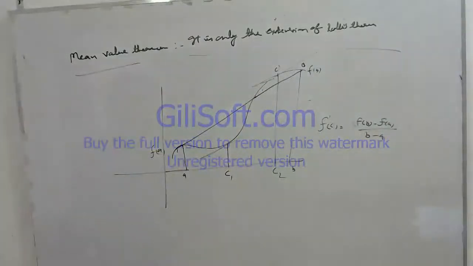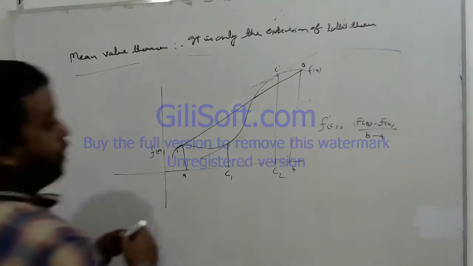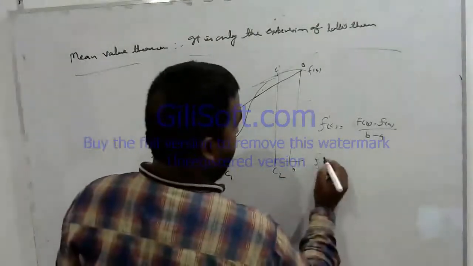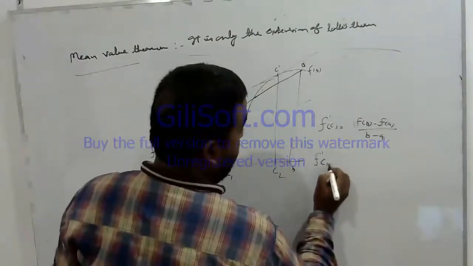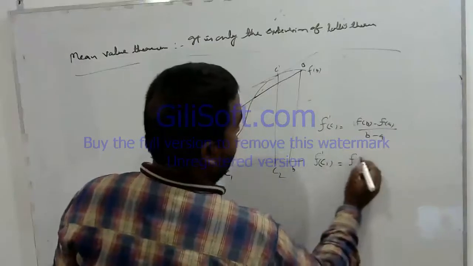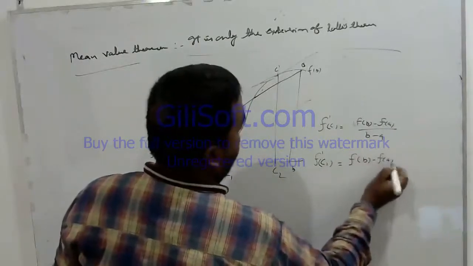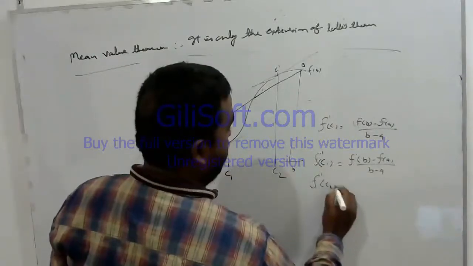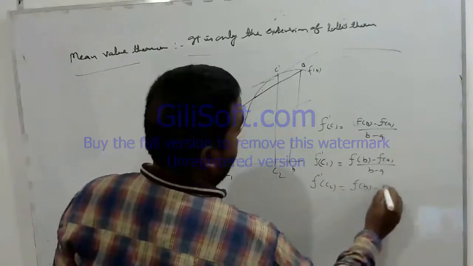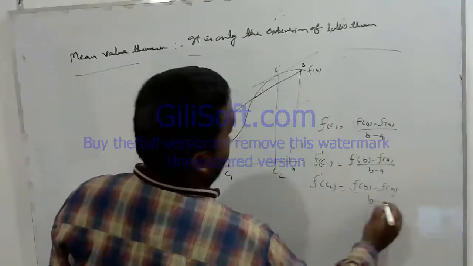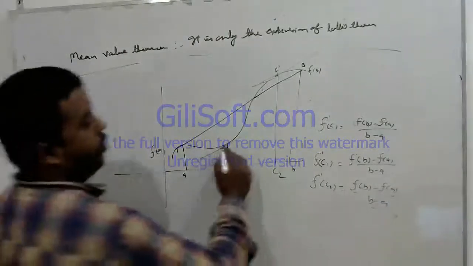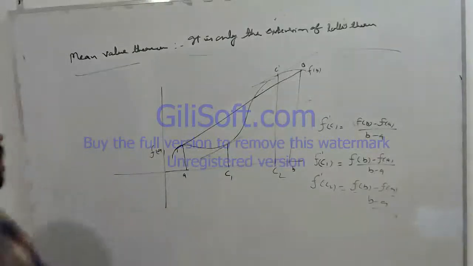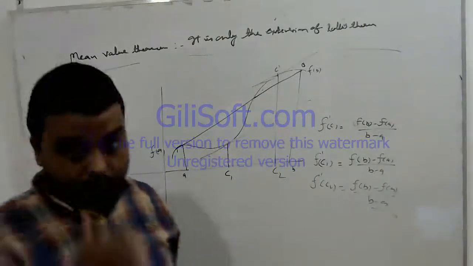Here you can see, for this point, f dash c1 is equal to f(b) minus f(a) by b minus a, and there is another point, f dash c2, equal to f(b) minus f(a) by b minus a. Here there will be two such points.